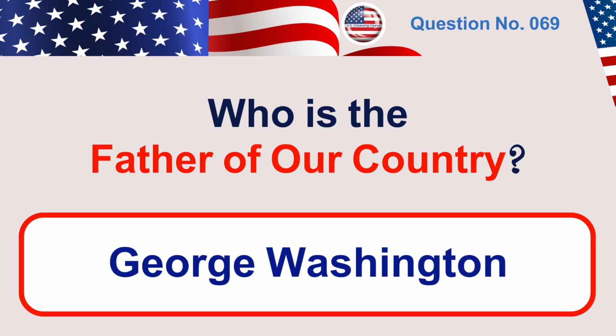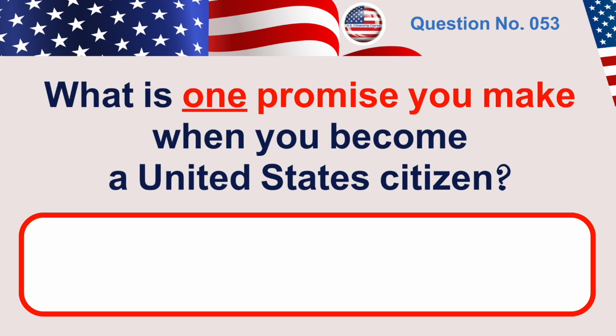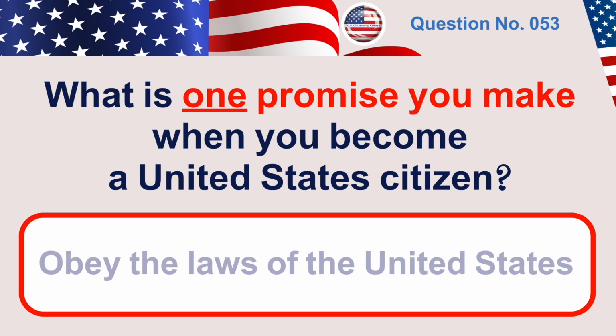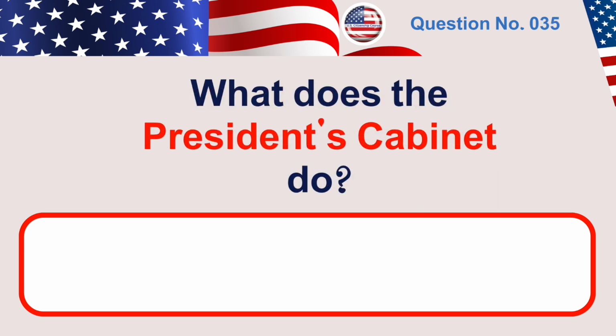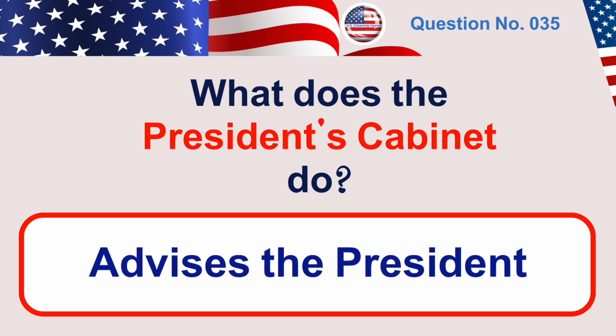George Washington. What is one promise you make when you become a United States citizen? Obey the laws of the United States. What does the President's Cabinet do? Advises the President.